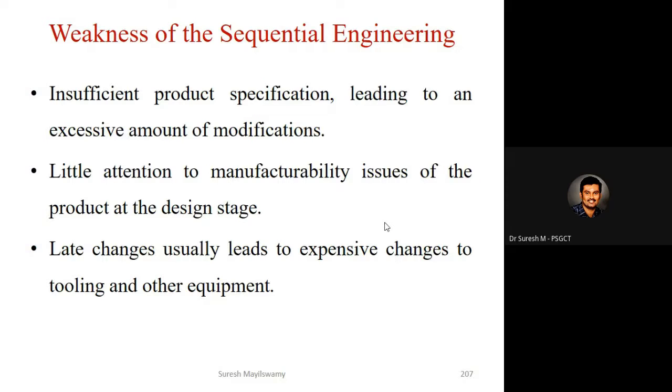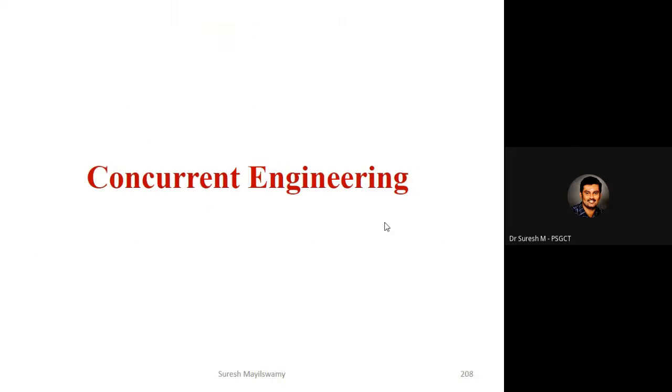Little attention is paid to the manufacturability issues of the product at the design stage. Late changes usually lead to expensive changes to tooling and other equipment. So we need to avoid sequential engineering. The over the wall engineering concept is not suitable for a modern environment, so we can go with concurrent engineering.